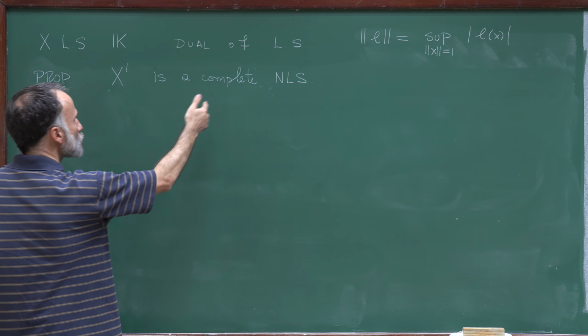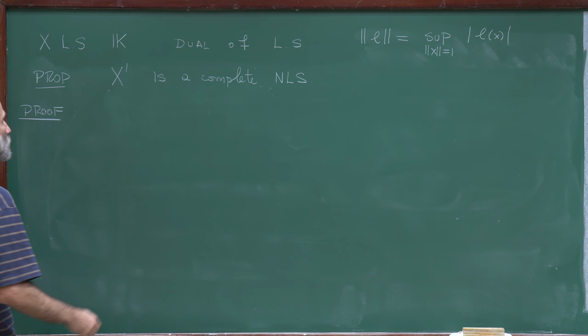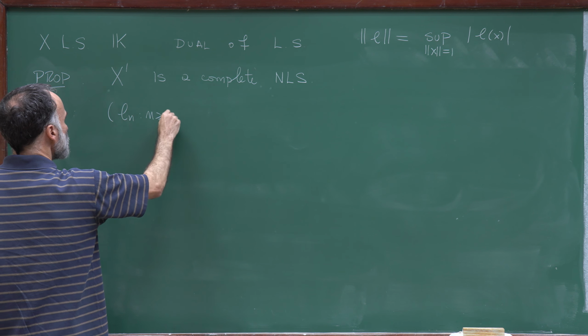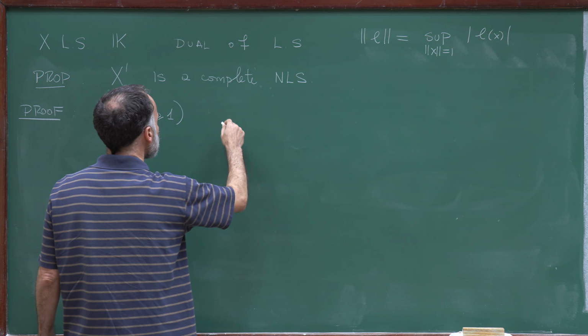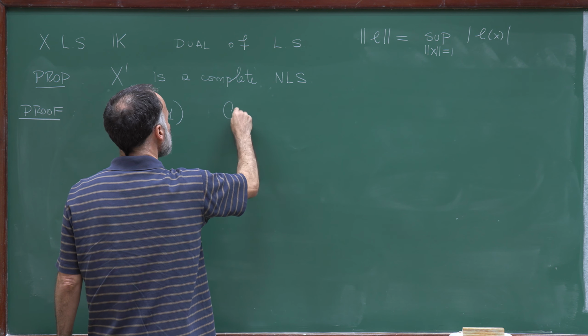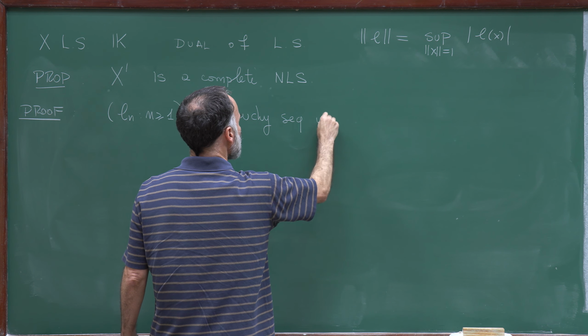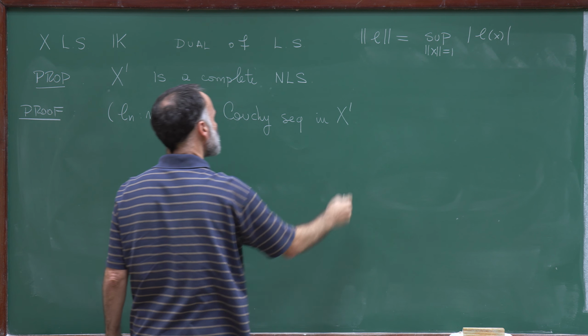So in order to show that this space is complete, we consider Ln, a sequence which is Cauchy in x prime.